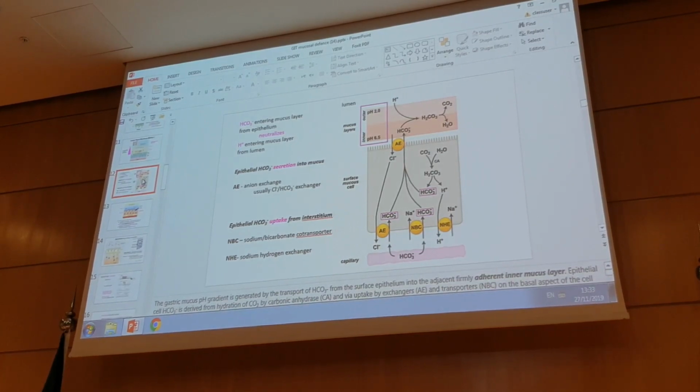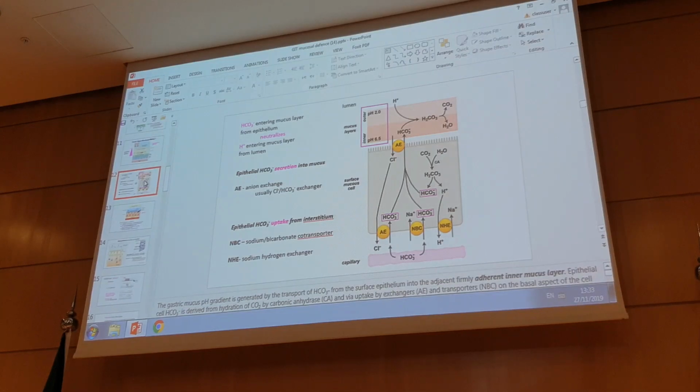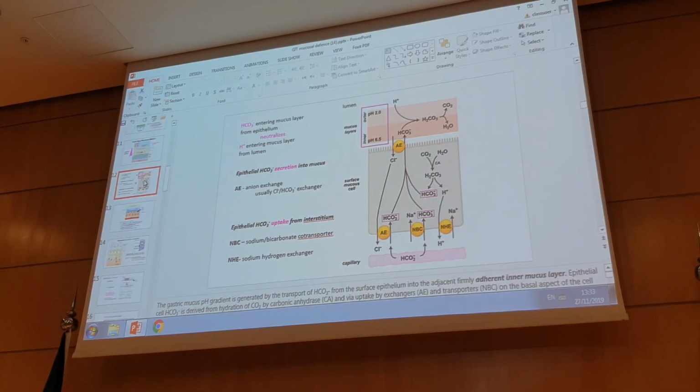With these presentations, we're attracting your attention to how the cell gets the bicarb primarily to put it into the mucus. The cells actually have 1,000, who knows, 10,000 transporters and exchangers all over the place. But we're only showing you two. You think that this cell only has these three?